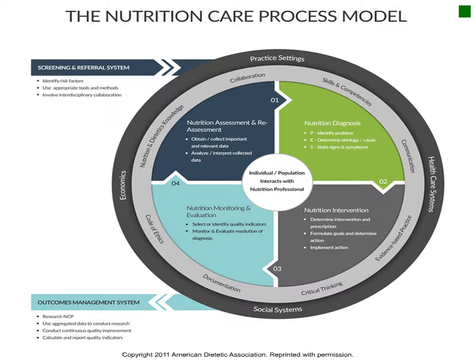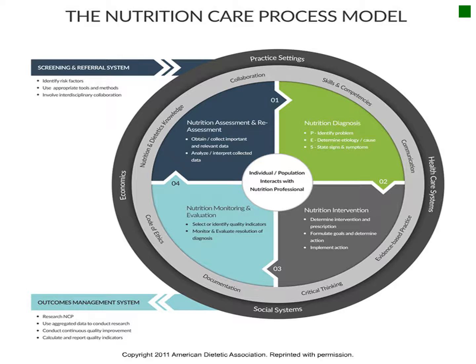I'm sure there's a lot that we have all heard about the nutrition care process, but for a more complete understanding and definition, the NCP is a process for identifying, planning for, and meeting the nutritional needs of a given individual.